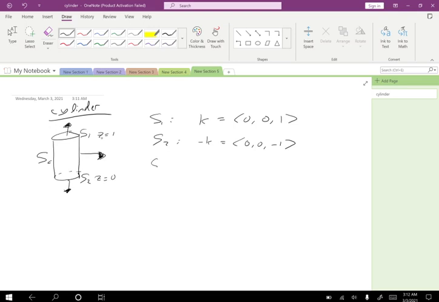So really the only non-trivial part is SC that we need to think about. And how do you do that? Well, by inspection, let's just see what we should get and let's see if it works. It looks like if we do the xy plane and we just look at that circle, the normal vector should look like this, right?